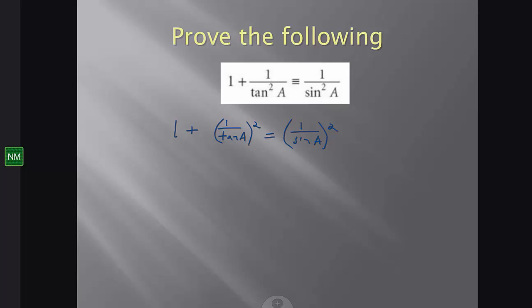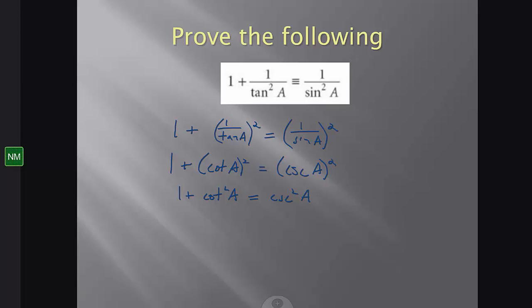And then I see some reciprocal identities. 1 over tan a should be cotangent a, and 1 over sine a should be cosecant a. And so I get 1 plus cotangent squared a equals cosecant squared a.